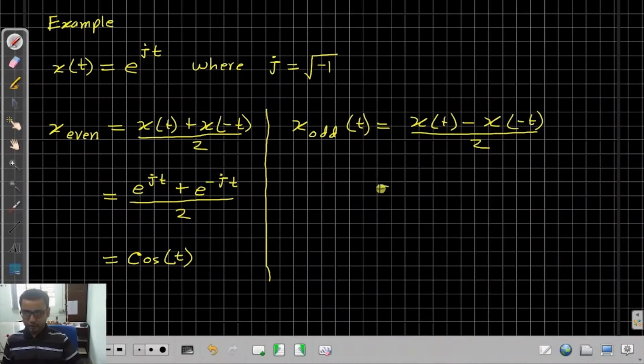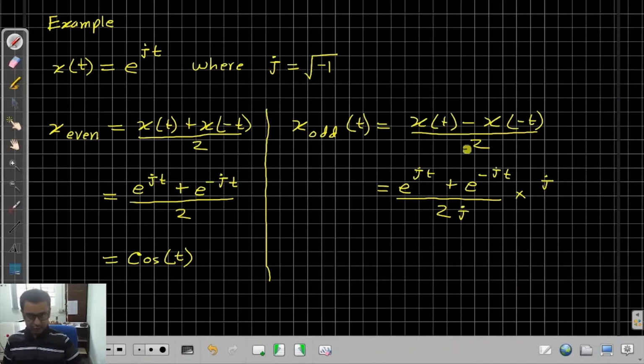Now if I put the values, e to the power jt minus e to the power minus jt whole divided by 2, I can multiply this with j and divide by the same term j.